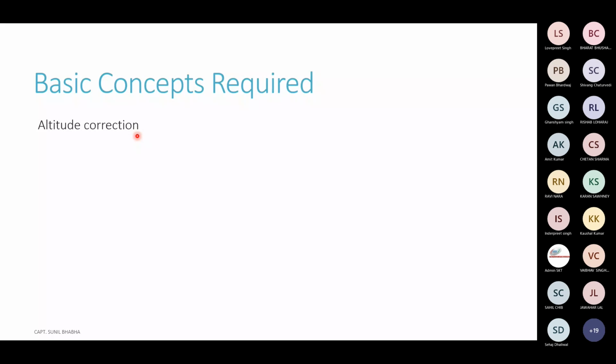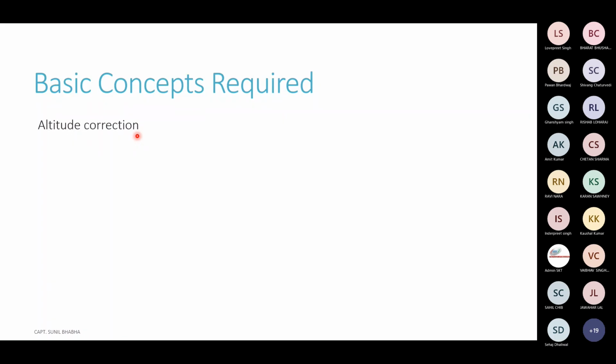One, we are not measuring the angle at the center of the earth, we are measuring it at the eye of the observer, so it will be different from the true altitude. And second, we are not using the rational horizon because we cannot see it. We are using the visible horizon to measure the angle, and because of it, the altitude which the sextant gives us will be different from the true altitude of the body.